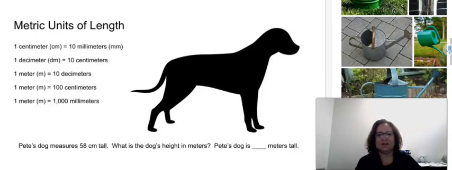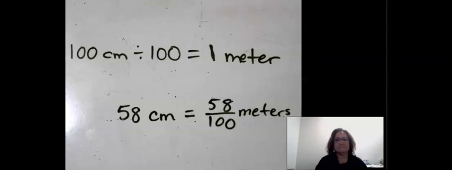Let's try another one. Pete's dog measures 58 centimeters tall. What is the dog's height in meters? Pete's dog is blank meters tall. So he has 58 centimeters. We know that 1 meter is 100 centimeters. So let's think about this.